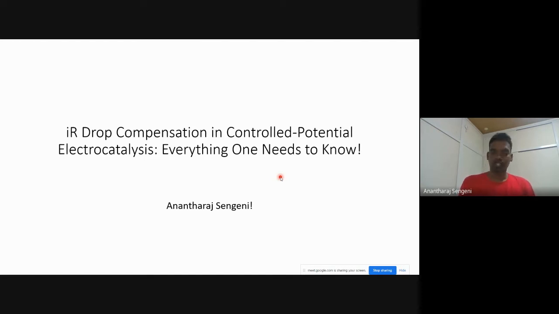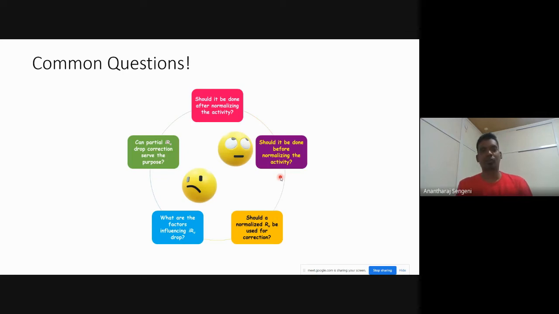Okay, so with that, we'll go to the common questions that have been asked by so many people to me via email, Facebook chat, Twitter messages. Should it be done with activity which is already normalized, or should it be done before normalizing the activity? What uncompensated resistance value should be used?